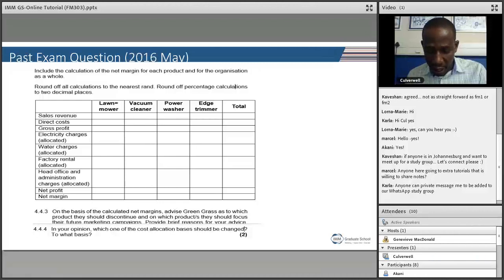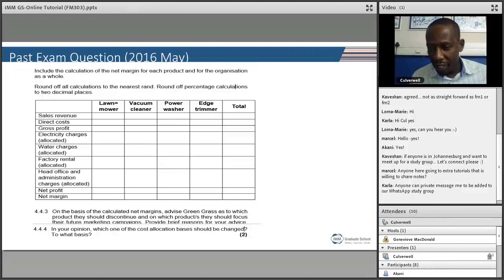Minus the water charges, which are going to be 122,400, minus the factory rental, which was 900,000, minus my head office, we said 5 million. We're dividing these equally. Pay attention to your zeros. You should be able to get your net profit being 17,640,100 rand. So that's basically how one would have calculated the net profit for lawnmower.